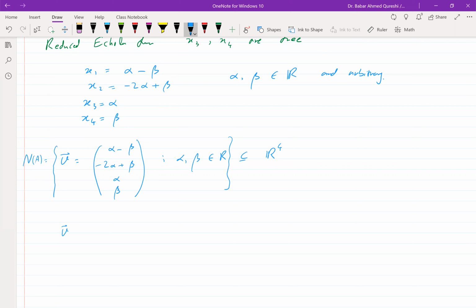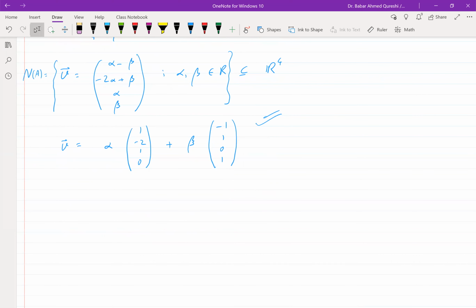Any of this, I can also break up and write like this. Now this expression gives me an idea that I have a space, but I'm generating all that space by two vectors.